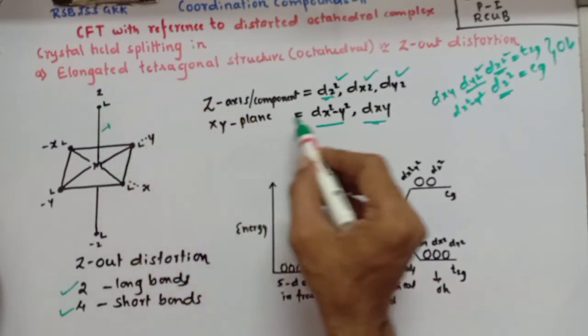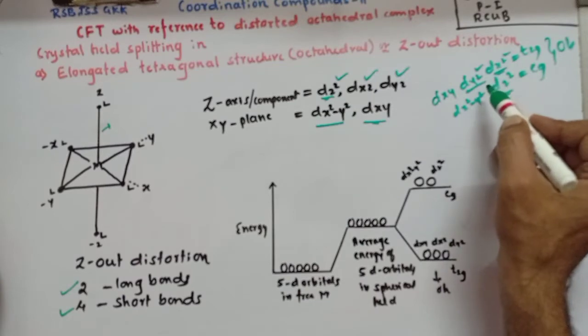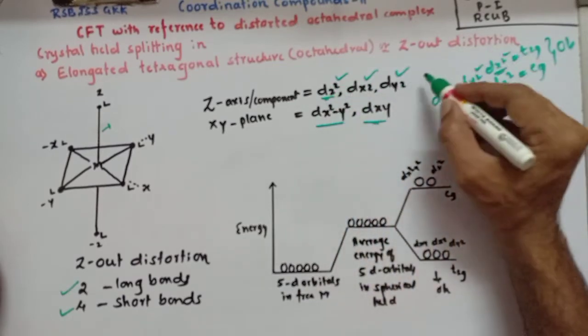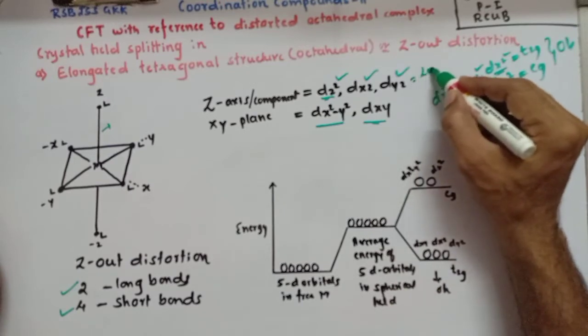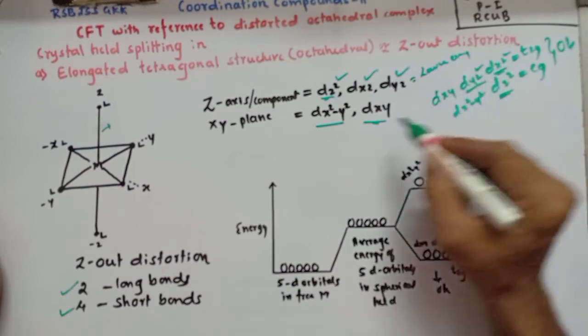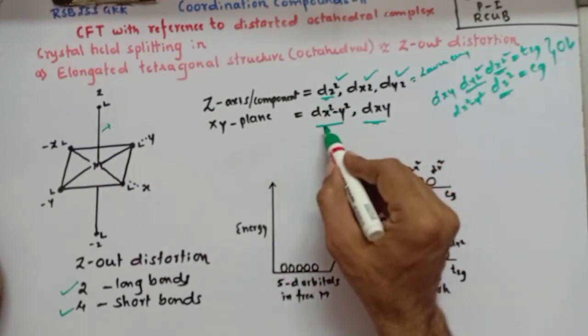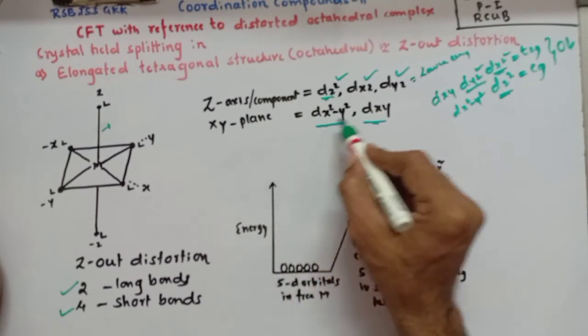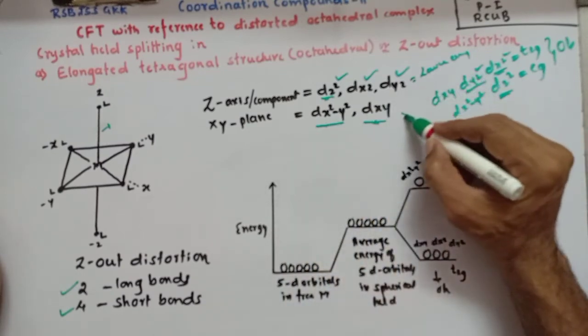So out of these 5 d orbitals, dz square, dxz and dyz will have lower energy because they experience less repulsion. At the same time, the orbital lobes present in the xy plane, that means dx square minus y square and dxy, increase in energy.